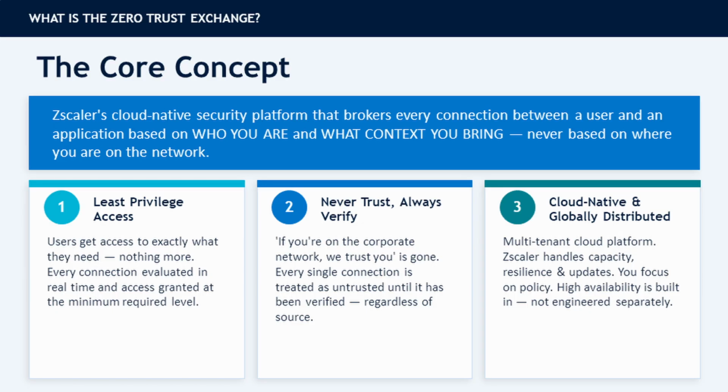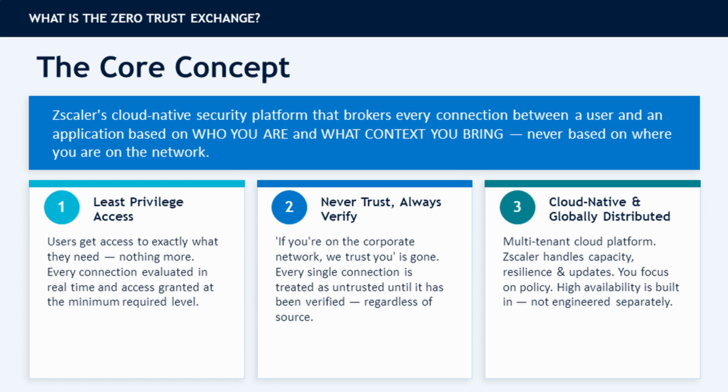A concrete example: your finance team can access the SaaS CRM, but only from corporate managed devices with current EDR agents. Contractors can access a subset of private apps, but only through browser-based access. All of that is policy-driven, not network-driven.